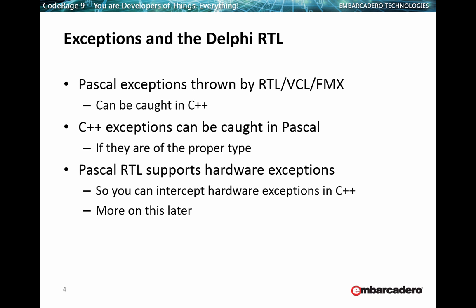And that's specific to the case where an exception is thrown out of the constructor in a class. C++ exceptions can be caught in Pascal if they're the proper type. And by this I mean the type of the exception that you're throwing has to be derived from a Delphi class object. So any object that's been declared with DeclSpec Delphi class.